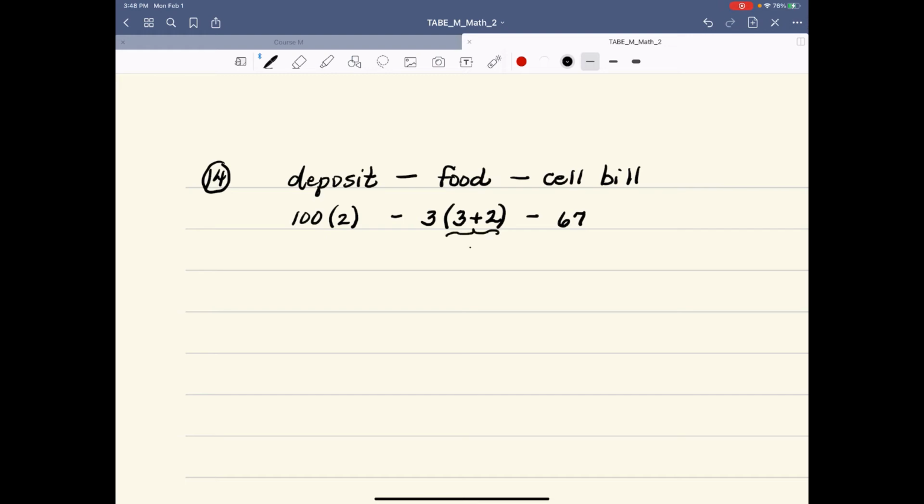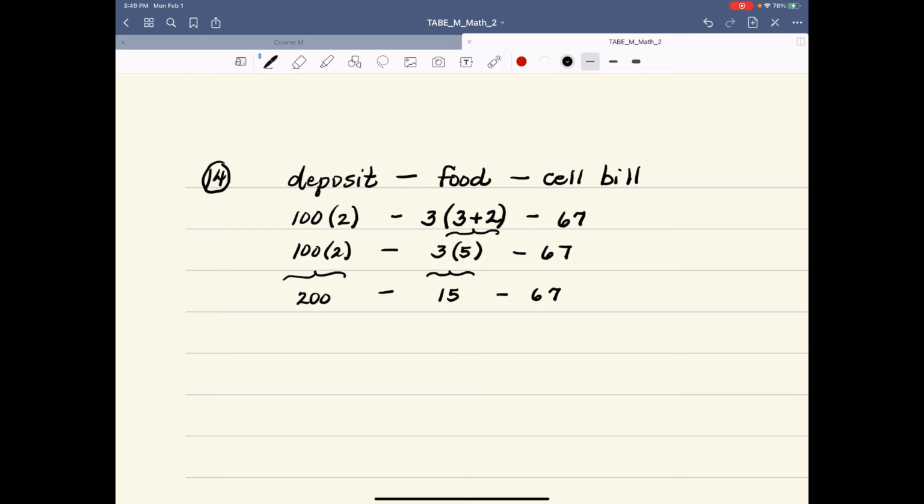So we're going to add up the food. And then we're going to multiply left to right. So we have $200 here. We have $15 here. And then we're going to subtract from left to right. Or you can just type all of that into your calculator.